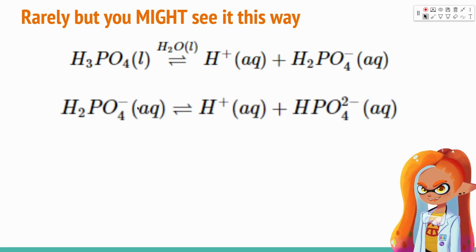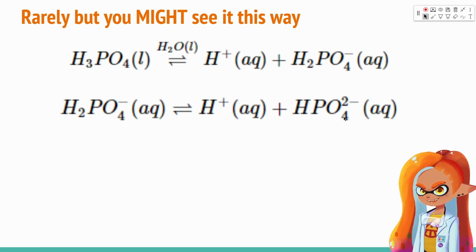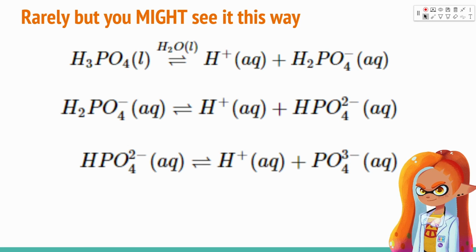Well, that H2PO4 can then be donating the H plus, and then now you have HPO4. And so then there's still another H that can be donated, so you have that other H being donated, and so now you have all these steps. The protons that are being donated are all different H's, so they're all going to be in different steps.